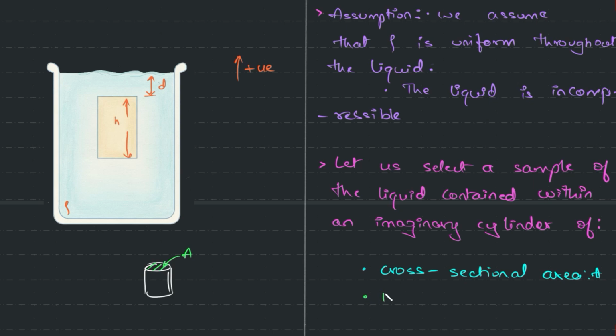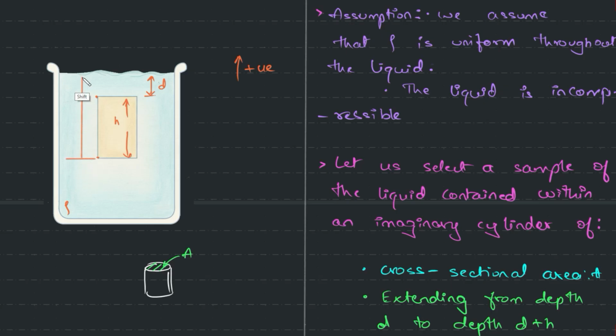Then it extends from the depth of D, and it has a height of h. So depth of D plus h. What does that mean? So the cylinder starts from a depth of D and goes up to D plus h. So basically this is h, right? So this is nothing but your D plus h.